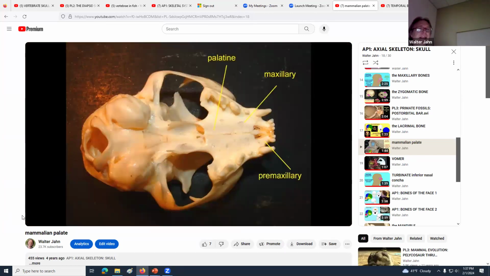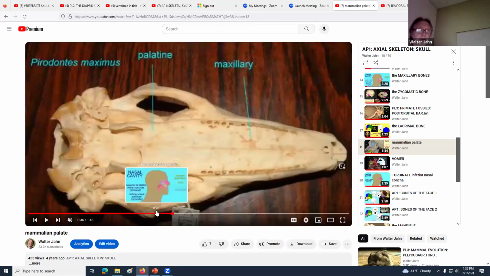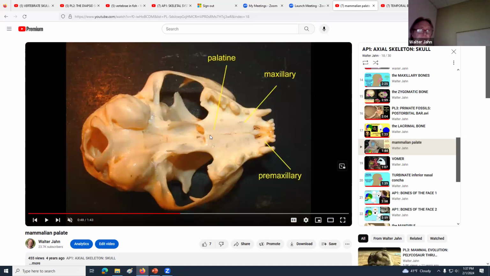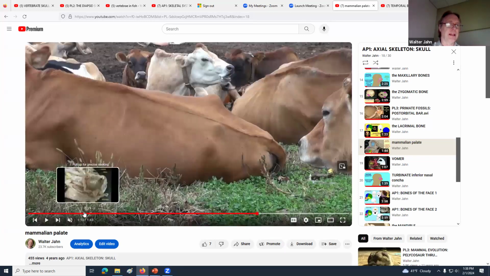And the hard palate then is made by two bones, the maxillary. I'm just going to go to the cat because that's the one you have. So we have maxillary bones here and the palatine. So another bone of the face is called the palatine. And together, the maxillary bones and the palatine make up the hard palate, which then allows us to eat and breathe. Like, think about these cows.